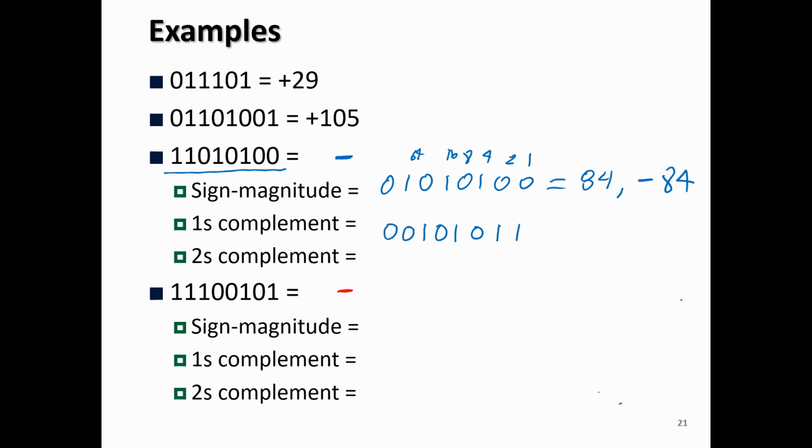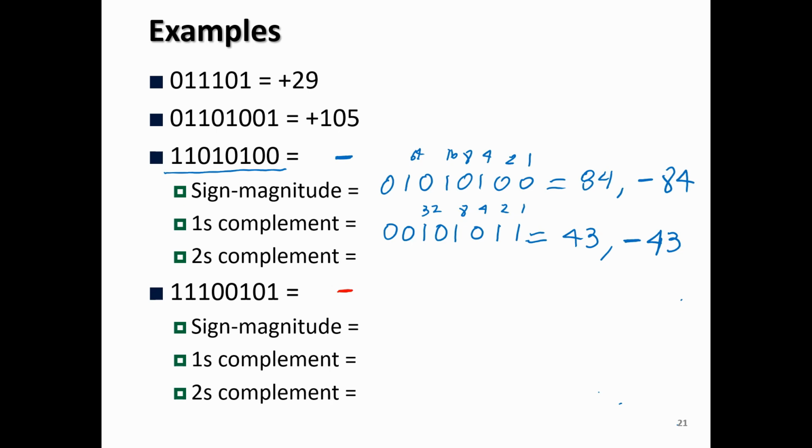Okay, let me double check that. So 0, 0, 1, 0, 1, 0, 1, 1. Okay, so now we convert that binary number into decimal, and we obtain a 43. So 1, 2, 4, 8, 32. So that's a 43. Remember, we had a negative number, so that's a negative 43.